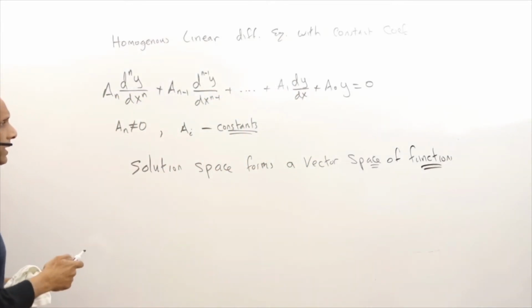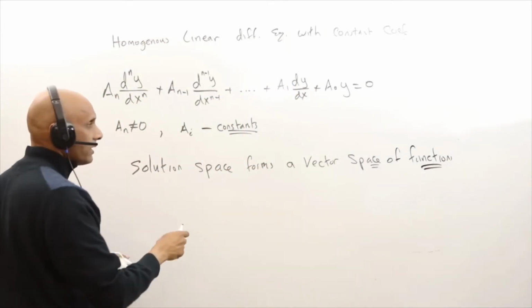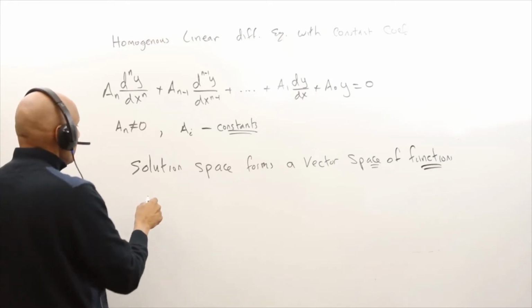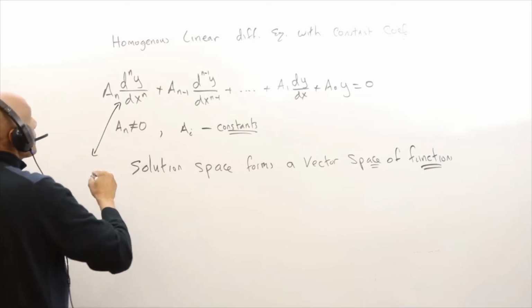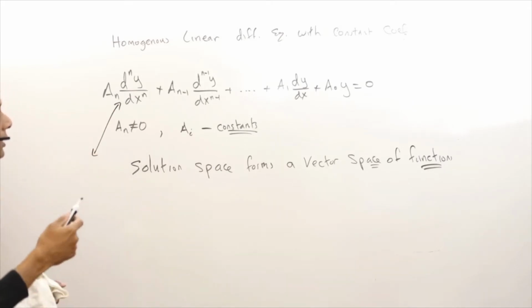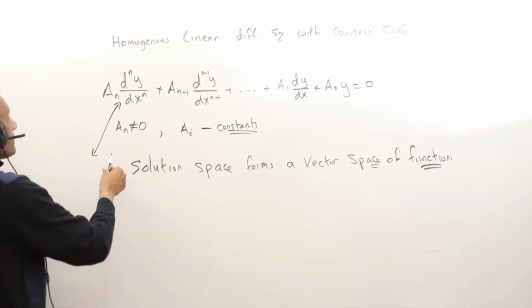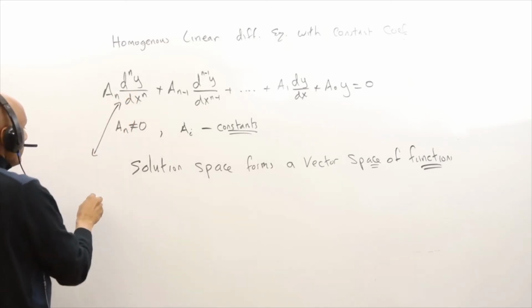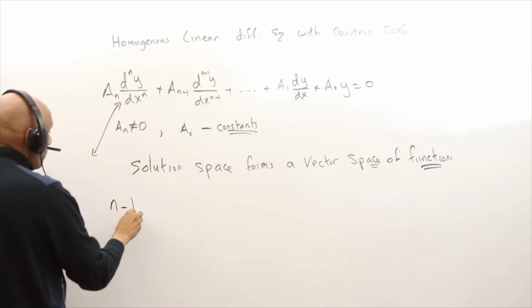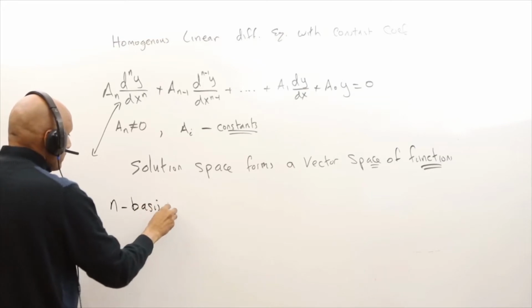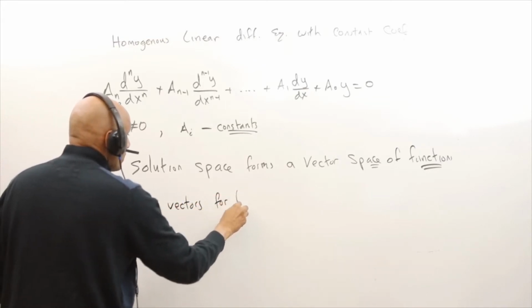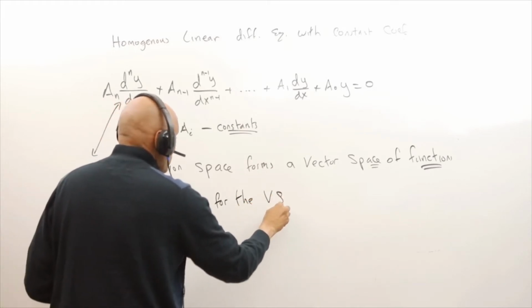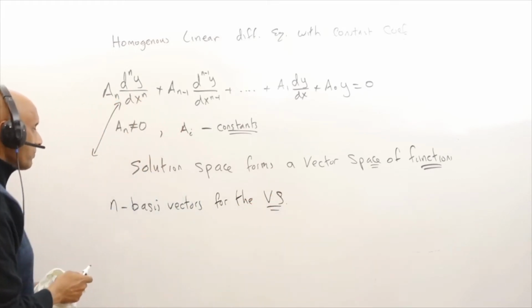This vector space has a dimensionality, meaning that there are n basis vectors. If your homogeneous linear differential equation with constant coefficients is of order n, then there are n basis vectors for the vector space. I'll just abbreviate as VS, vector space.